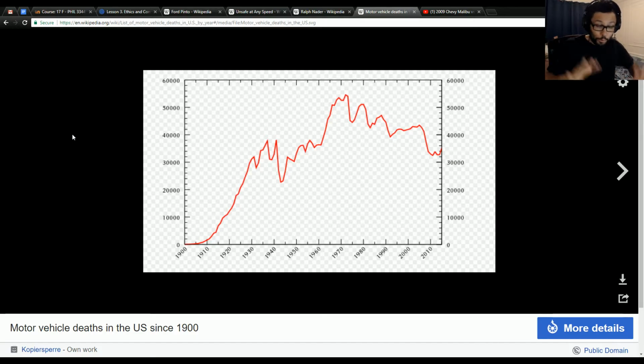There were fewer cars on the road and people were driving fewer miles, but significantly more people were dying from auto accidents, because the cars just weren't safe. Cars were death machines. There's still death traps. The highway system, our vehicle system, is a meat grinder. It kills tens of thousands of people every year. But it was even worse a few decades ago.